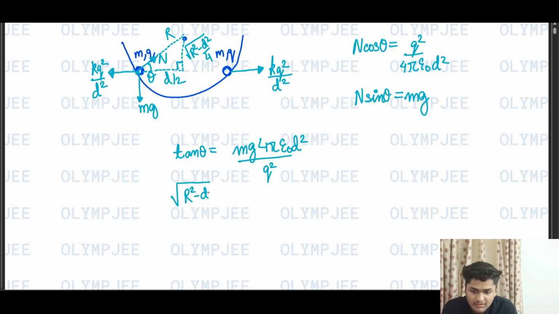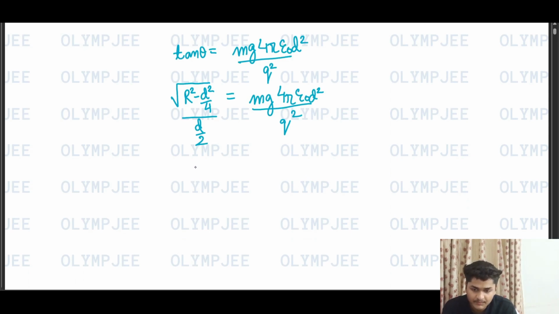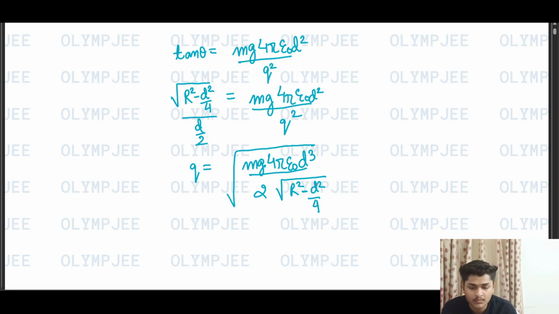r square minus d square by 4 divided by d by 2 is equal to mg multiplied by 4 pi epsilon naught d square divided by q square, and we need to find q, so q will become mg 4 pi epsilon naught d cube by 2 multiplied by r square minus d square by 4 whole root, because we had q square over there and we have to write q.